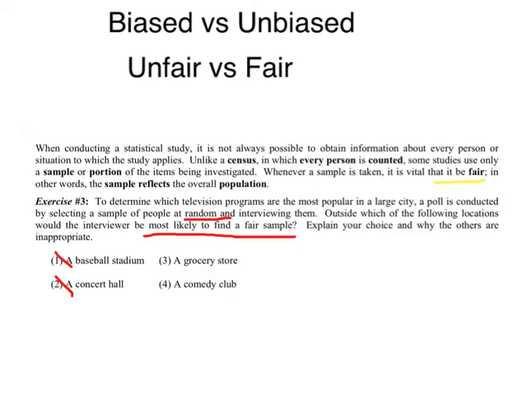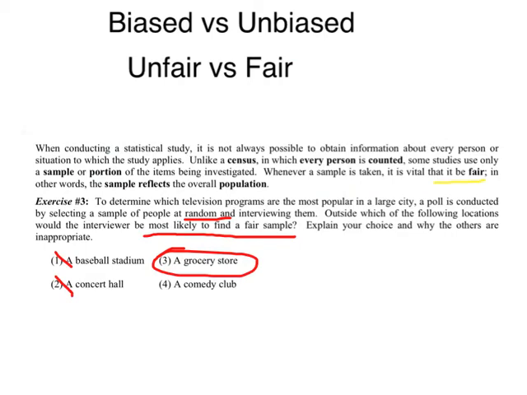A grocery store. Well, everybody has to buy groceries, and all types of people go to the grocery store. So that is why it's going to give you the most fair sample. In a comedy club, the same thing goes as with the baseball stadium and the concert hall. Only certain types of people will be going to a comedy club. Not all types of people like to go to a comedy club.